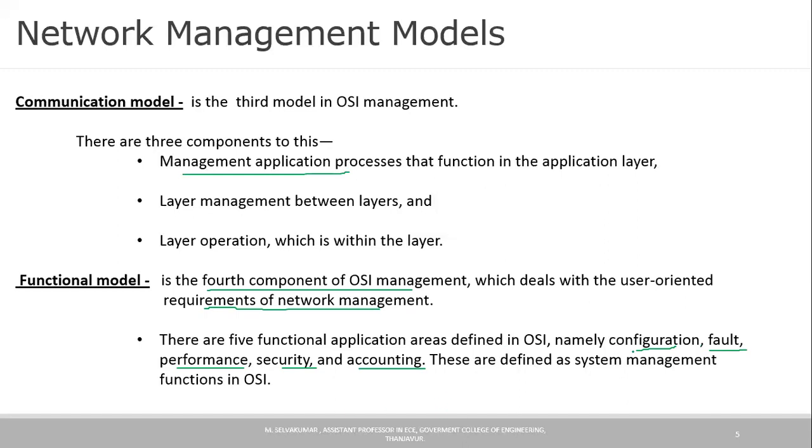On the user side, configuration is more important, and updating the configuration is also more important. So these functions and other things are handled by the functional model for the user end requirements of the OSI.